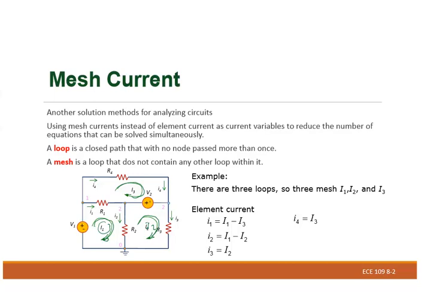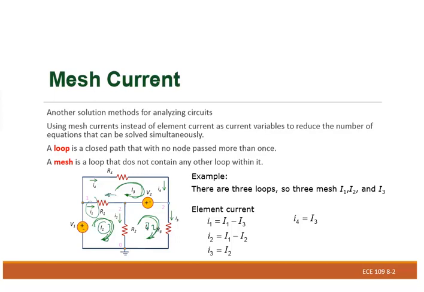So it's interesting if you look at here, for example, if you're gonna find the lowercase i1, it's shown right there, that will be equal to the mesh current capital I1 minus I3, because I3 goes opposite direction right there.